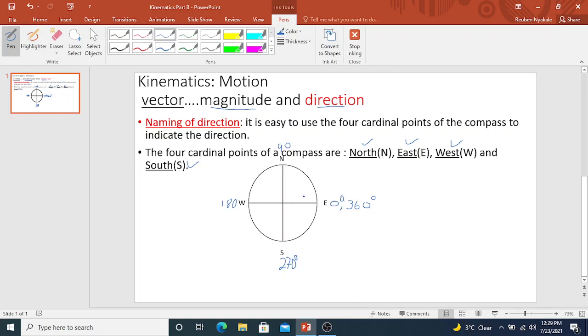If we use the quadrant, or your Cartesian plane, we know that all signs are positive on the first quad. On the first quad, we have 0 plus or 90 minus. The second quad is made up of 90 plus or 180 minus.